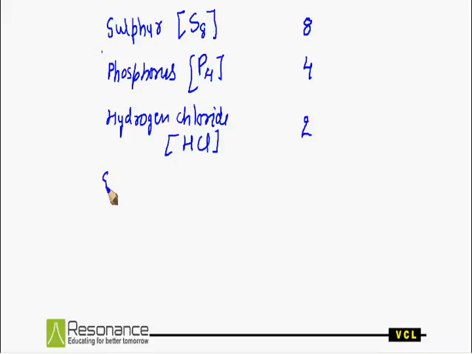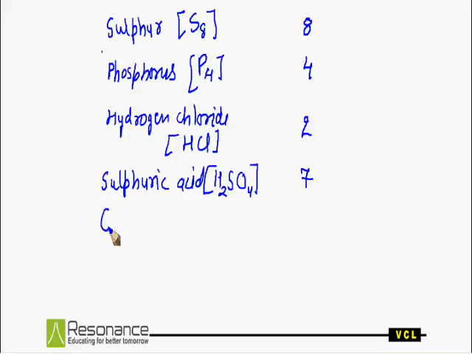Now for sulfuric acid, the molecular formula is H2SO4. So we can say that 2 atoms of hydrogen, 1 atom of sulfur and 4 atoms of oxygen are present in one molecule of sulfuric acid, and the total is 7. So we can write the atomicity of sulfuric acid is 7.